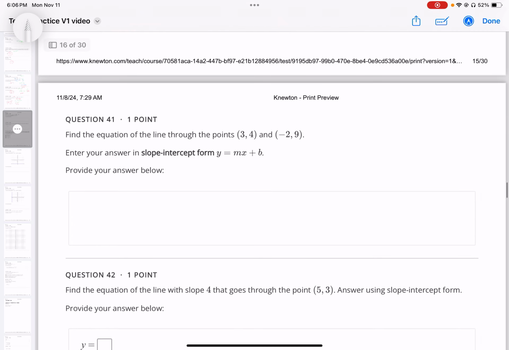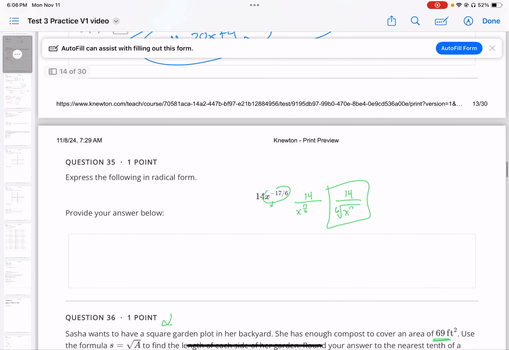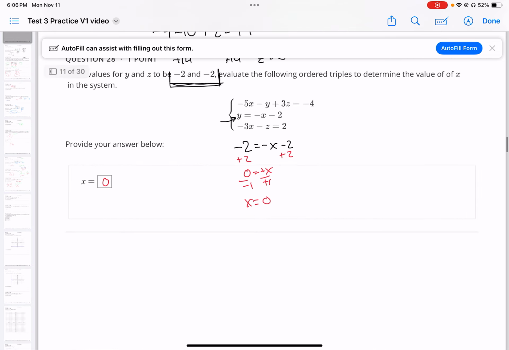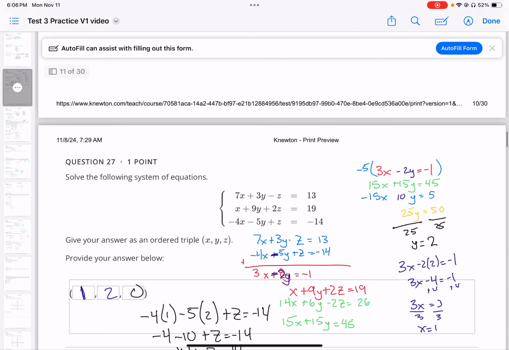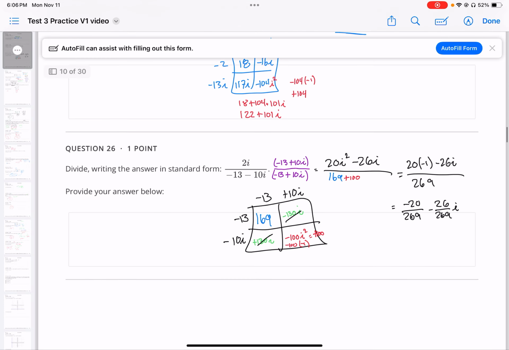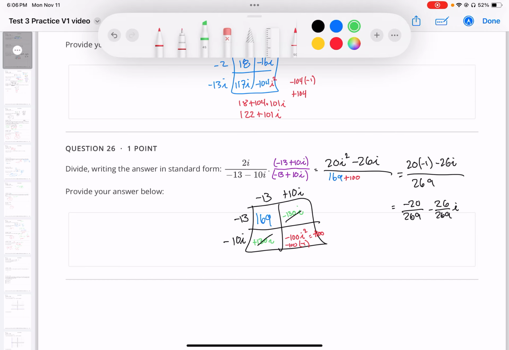Okay. So, actually, I need to go back. I made a mistake on 26 before 27, which I also made a mistake on. I fixed that one. But here, I forgot to do a couple things in the part one video. The first one is I think I forgot to times by the negative 13.